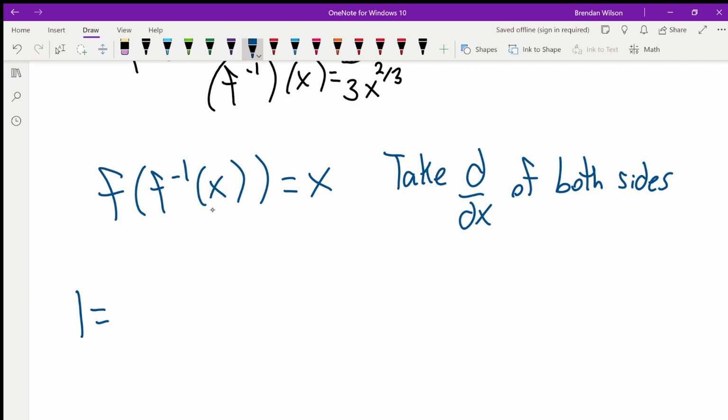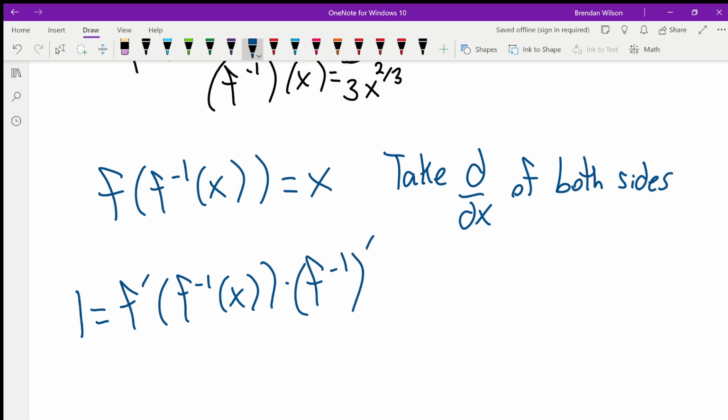And then on the inside here, we're using the chain rule, right? So we get f prime of f inverse of x times f inverse prime of x, right? So the derivative of the outside and then the derivative of the inside, which is the inverse function. We're looking for a formula for this, f inverse prime of x.